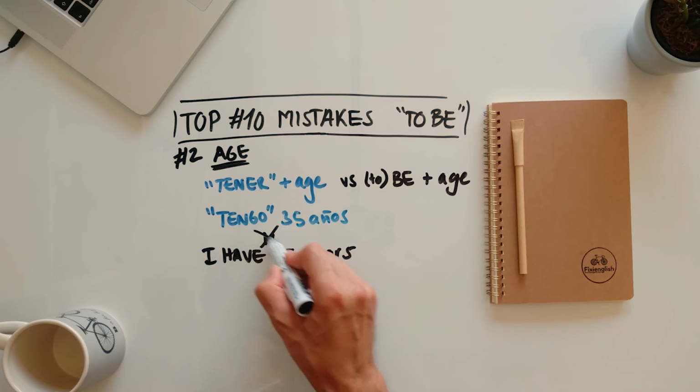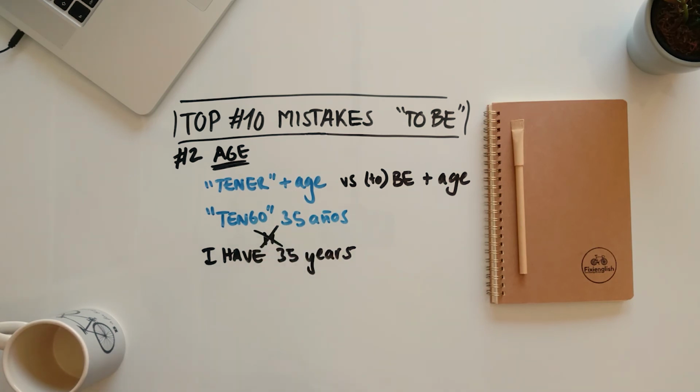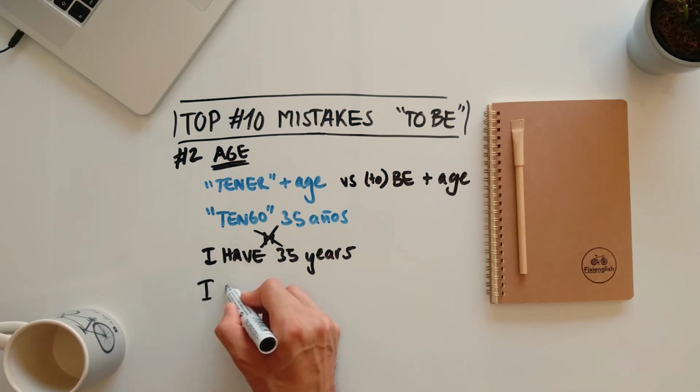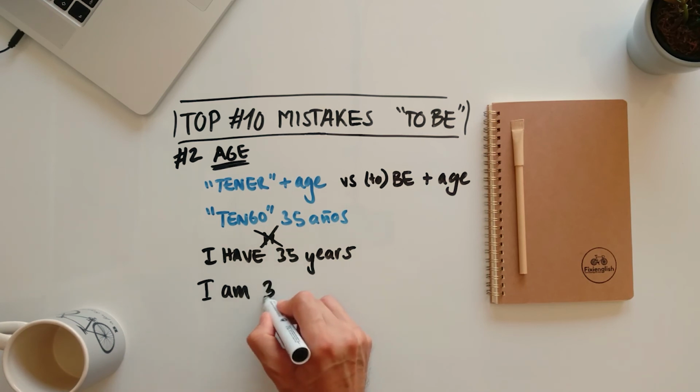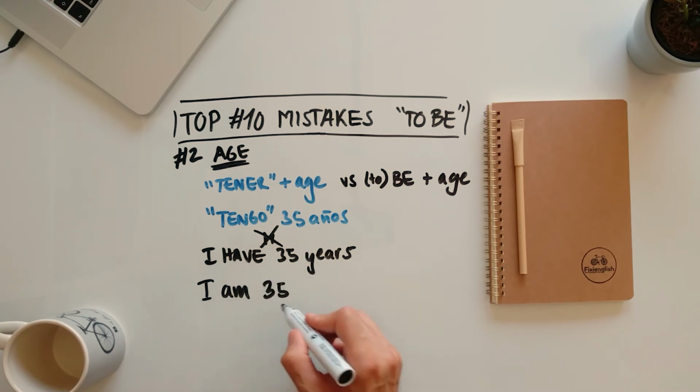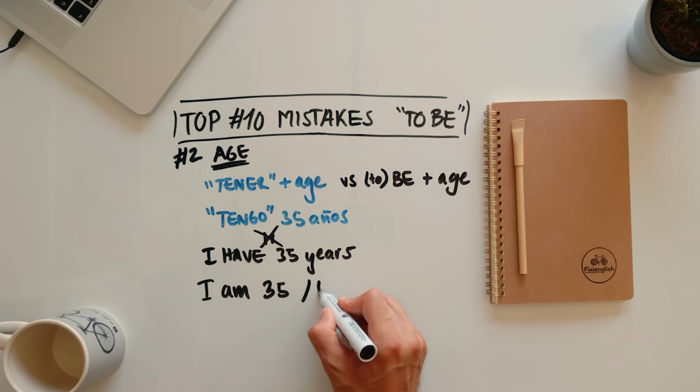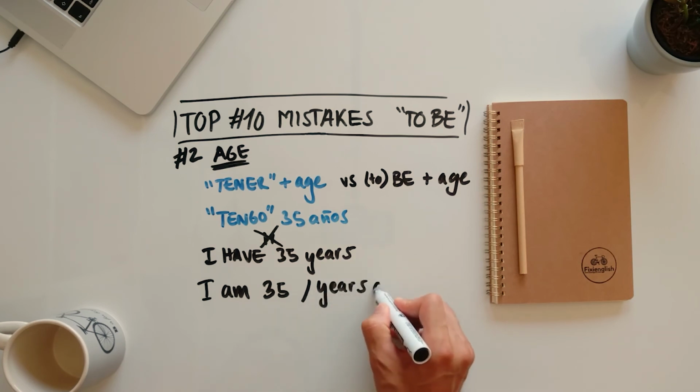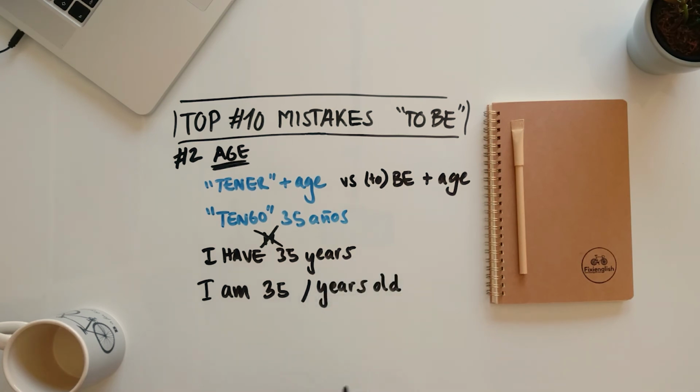But this would be wrong. We would have to use the verb to be and say the following: I am 35, or I am 35 years old. Remember that we cannot say 35 years, we can say 35 or 35 years old, using the verb to be.